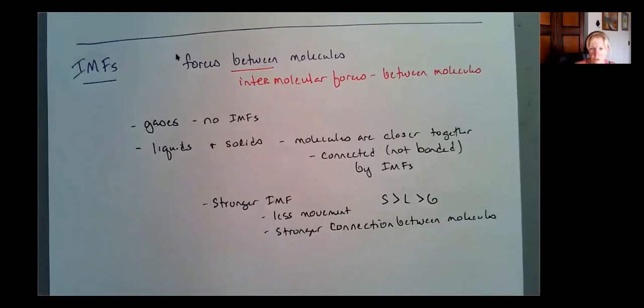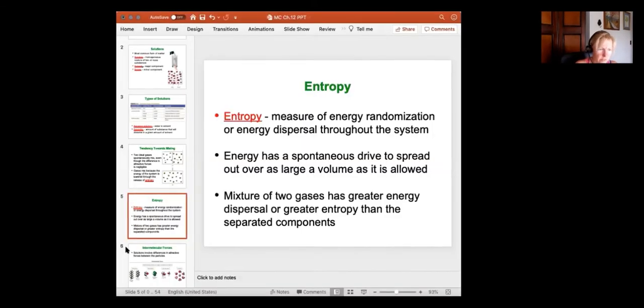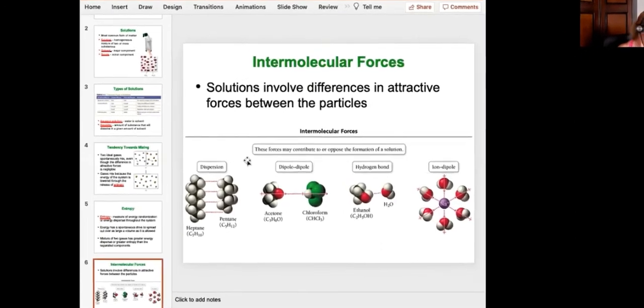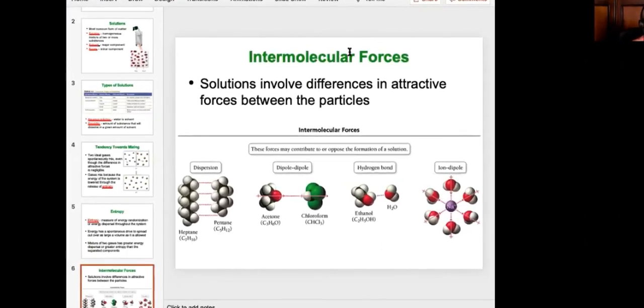And just to review what those intermolecular forces are, and like I said, this is from chapter 11. So if you're a little rusty on it, you might want to go back and look again at these types of intermolecular forces. So the lowest energy intermolecular force is a dispersion force.